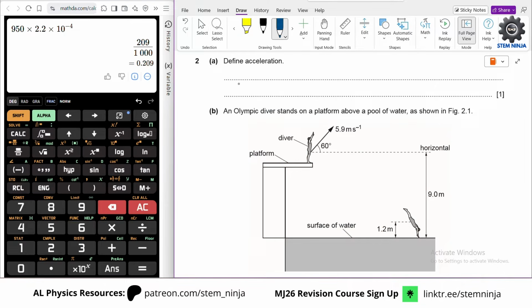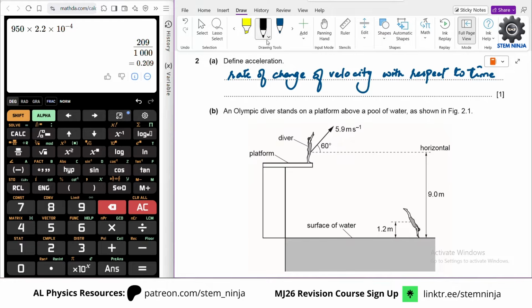Question number 2. Define acceleration. Simple. Rate of change of velocity with respect to time. Okay, you can also call it the ratio of change in velocity over change in time.